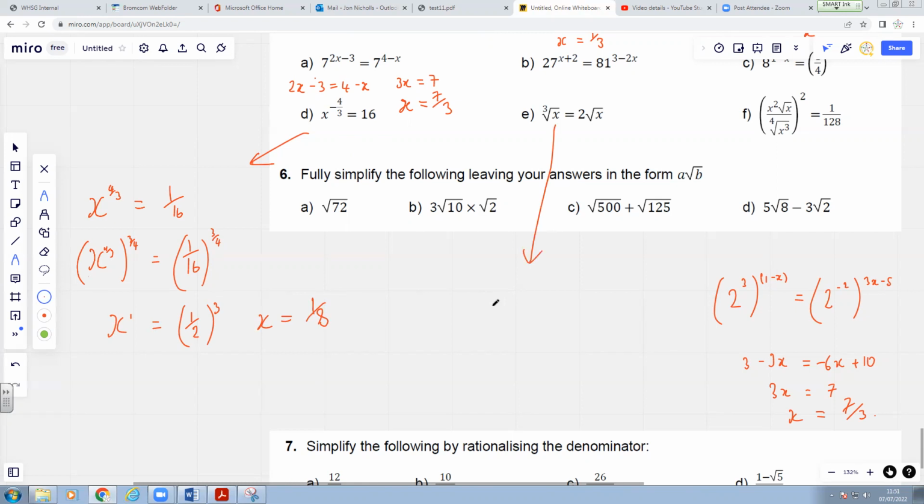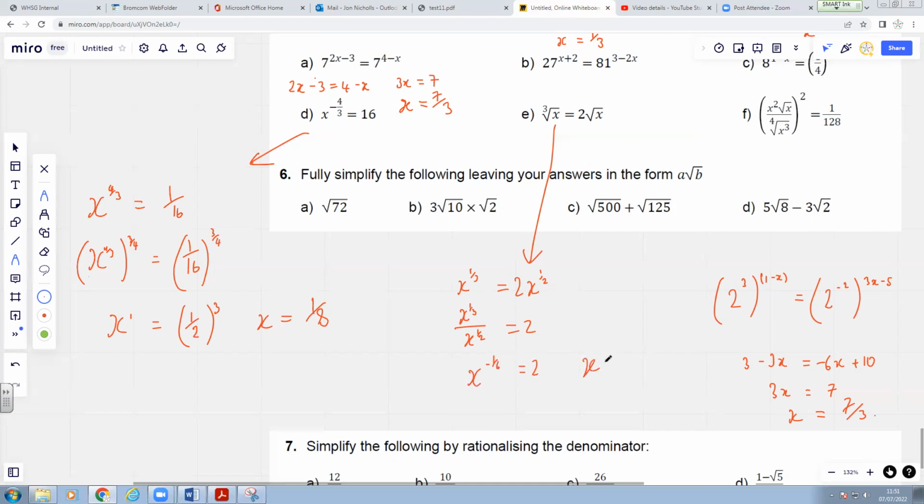Okay, E. Well, this is x to the 3rd equals 2x to the half. Let's divide that x to the half over. Now, if you've got x to the 3rd divided by x to the half, you're going to subtract those powers. And a 3rd minus a half is like 2/6 minus 3/6, so that's minus a 6th.